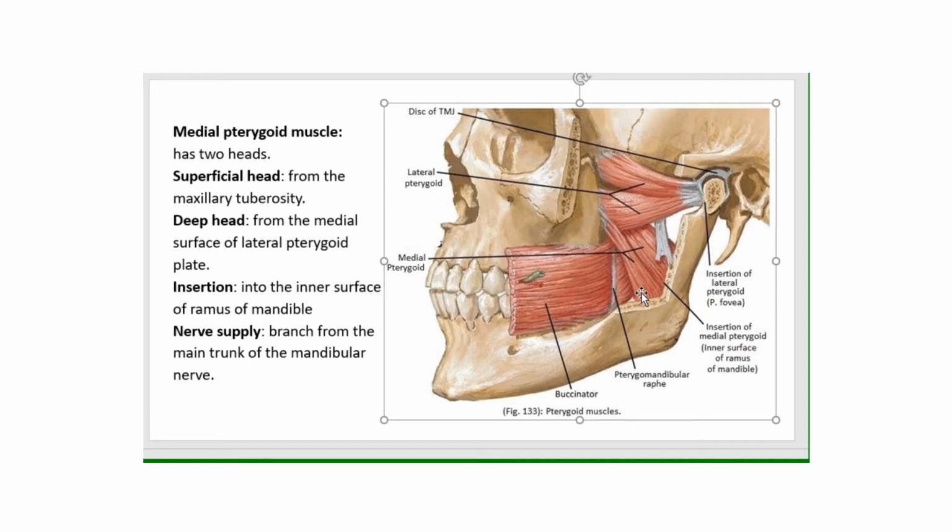It is inserted into the inner surface of ramus of the mandible. This is the ramus of mandible corresponding to the insertion of masseter. The masseter from outside and the medial pterygoid from inside.